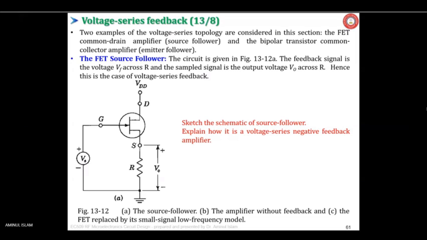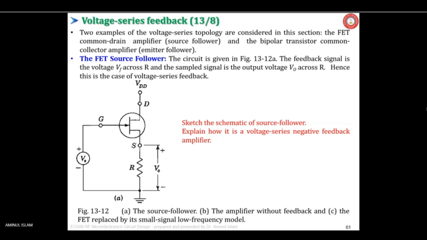It is a FET, maybe it's a FET or MOSFET, doesn't matter. And the question will be like this: if you are going to appear in a written exam, obviously you have to draw the circuit, sketch the schematic of the source follower. It is FET based, that's why we call it a source follower. Otherwise, what would we have called it in the BJT case? Tell somebody. In case of BJT, what would we have called this amplifier?